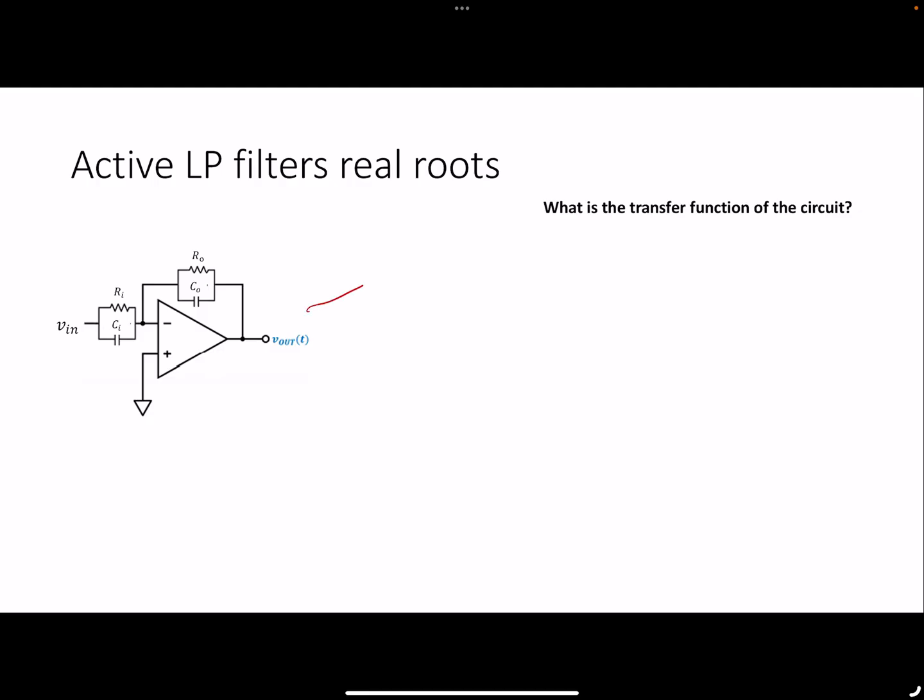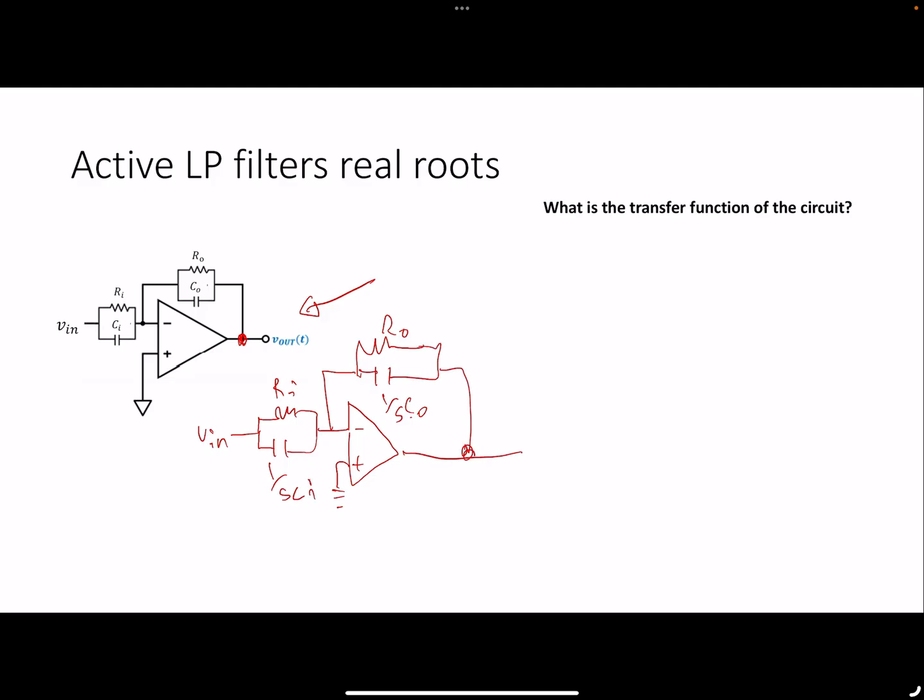One is this one. If we analyze the gain of this circuit, the ratio of Vout over Vin in the Laplace domain, or the transfer function, what you have here is Vn, and then you have Ri in parallel to 1 over Sci, and then the plus-minus inputs with ground, and here you have Ro in parallel to 1 over Sco, and this is Cn.